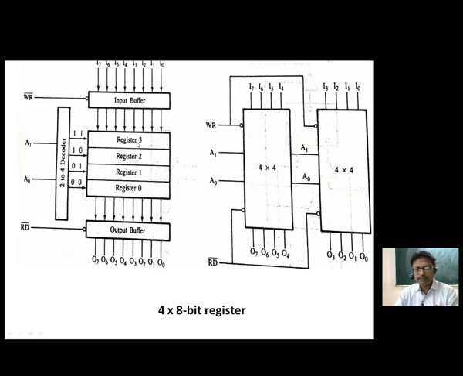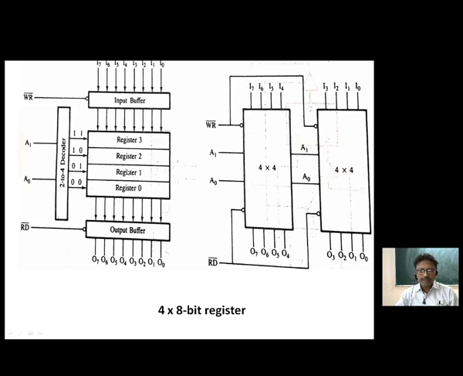Now there is a possibility that instead of having individual registers of 8 bits, we have only 4-bit registers, meaning thereby each register can store only 4 binary digits. In that particular case, the diagram will be like this.